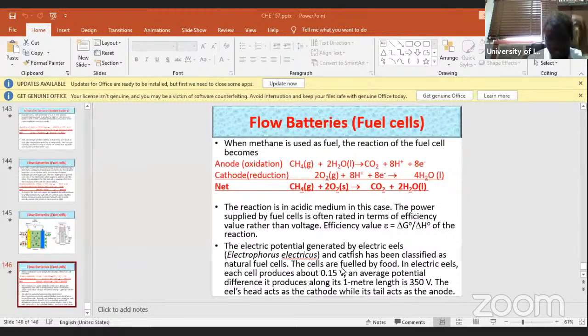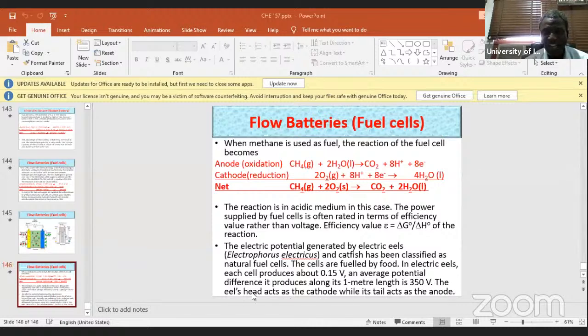What normally happens is that the food they eat acts as the fuel for them, and each cell they have produces about 1.5 volts. So an electric eel that's about 1 meter will be generating about 350 volts. That tells you it's a lot of current, and that's why divers sometimes have to be extremely careful not to come in contact with them.